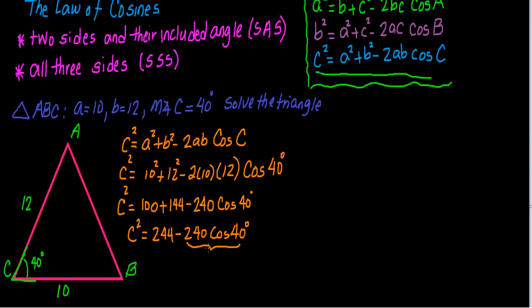So go ahead in your calculator and hit 240 times cosine of 40, and then 244 minus that answer you just got, okay? And once you have that value, remember, c is equal to the square root of whatever you get for this value, okay?